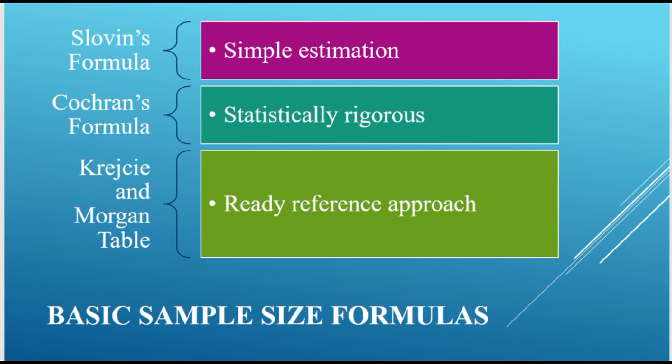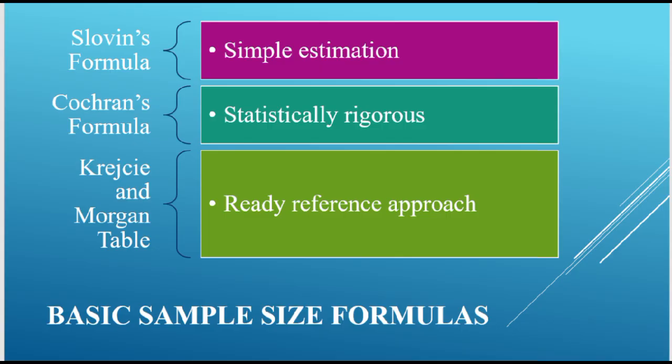Basic sample size formulas. Before starting the individual formula, it is important to understand that there is no universal formula that should be applied to every research study. Different methods make different assumptions and require different information. Slovin's formula is very simple and requires population size and margin of error. Cochran formula is more statistically rigorous because it incorporates the confidence level, margin of error and population variability.